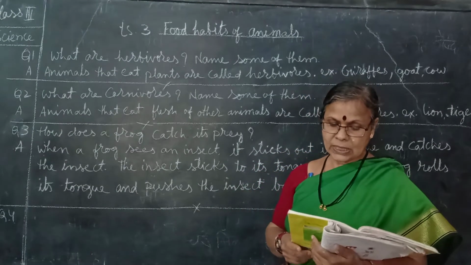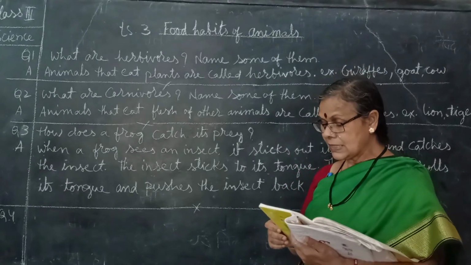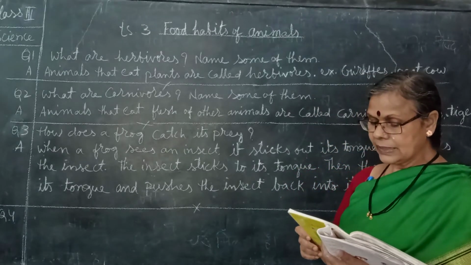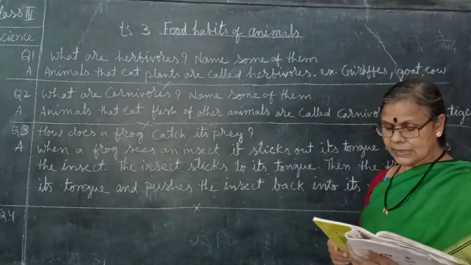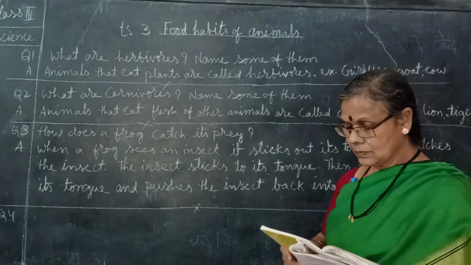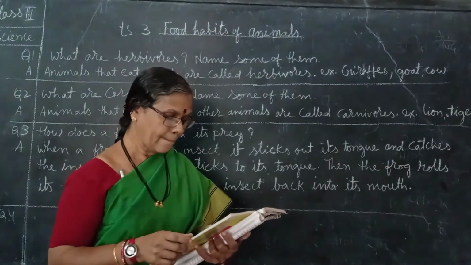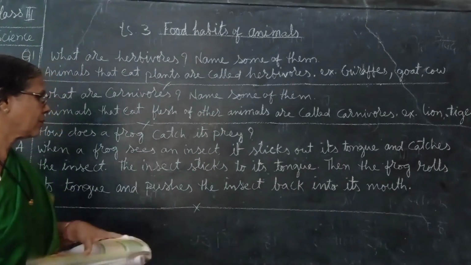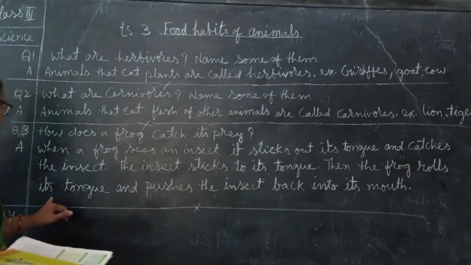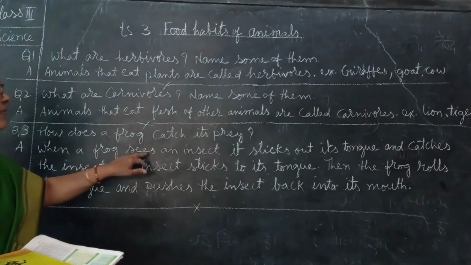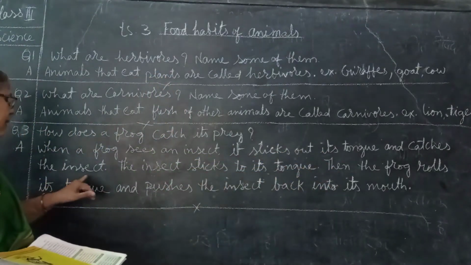How does a frog catch its prey? When a frog sees an insect, it sticks out its tongue and catches the insect.